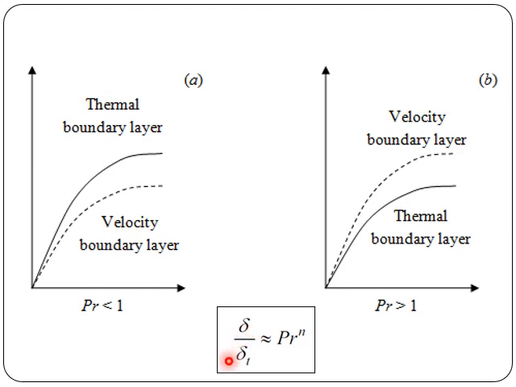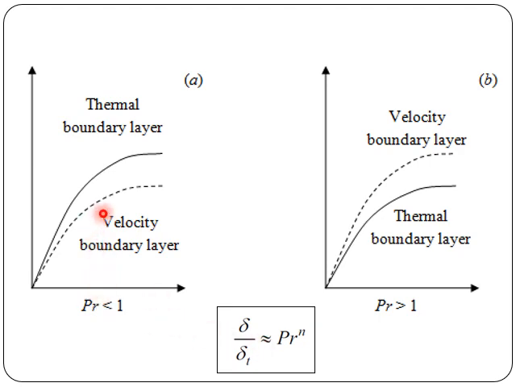If the fluid has higher conductivity, then the thermal boundary layer thickness will be higher. So if the Prandtl number is less than 1, it means that the viscous forces are less as compared to the conductive forces or the diffusivity of the fluid.